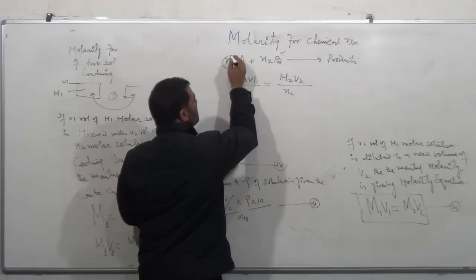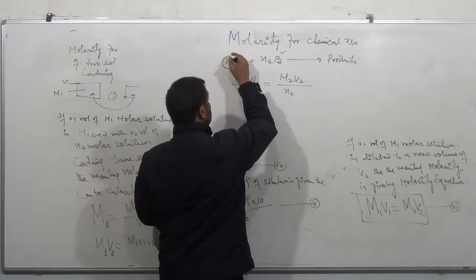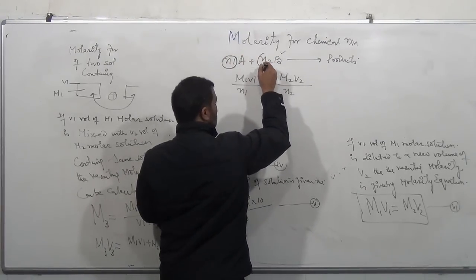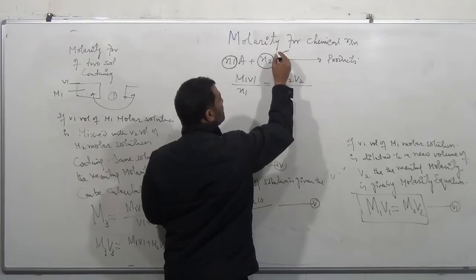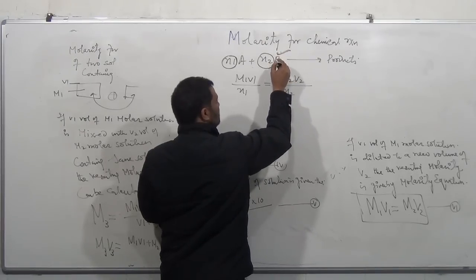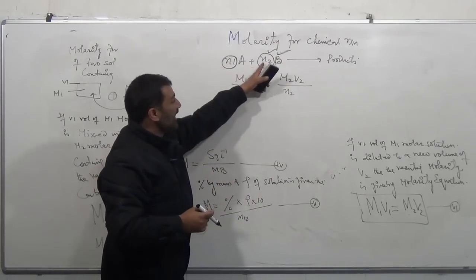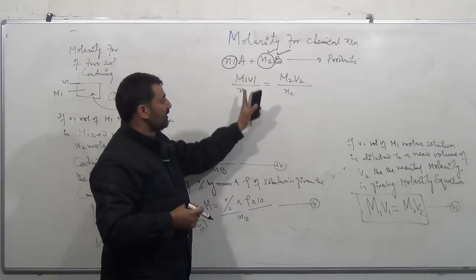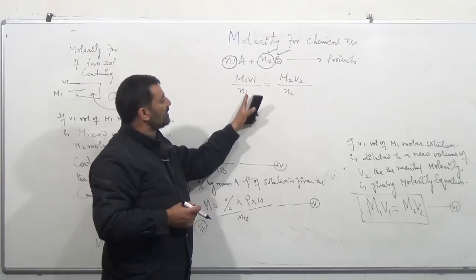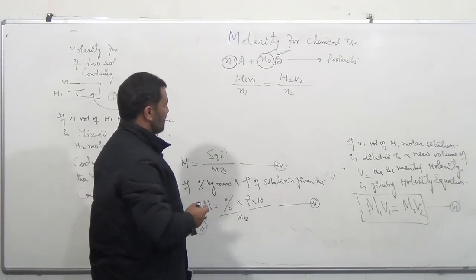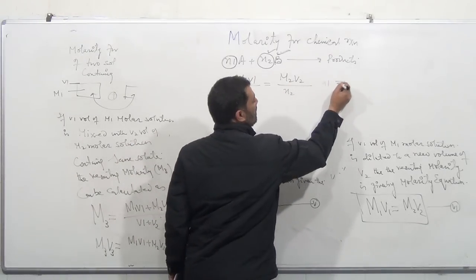Why? Because the number of moles of A, that is N1, are required to neutralize or react with the number of moles of B, that is N2. If N1 and N2 were equal, then we would not need to divide the product of molarity and volume by its stoichiometric coefficient. But here N1 is not equal to N2.